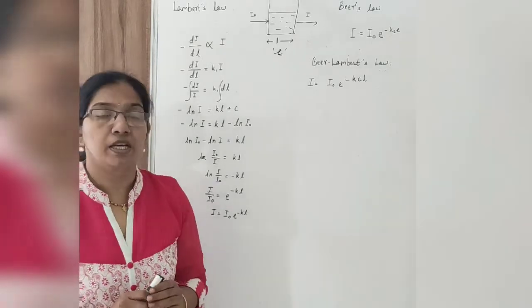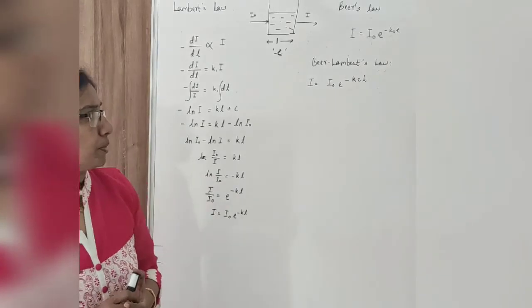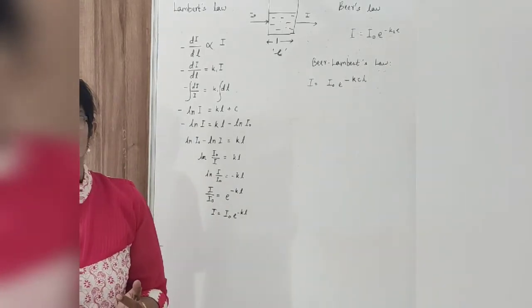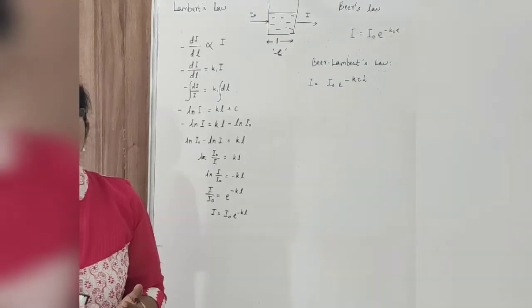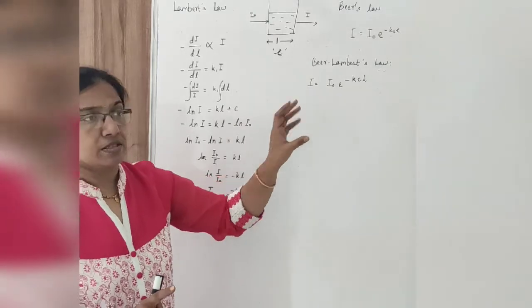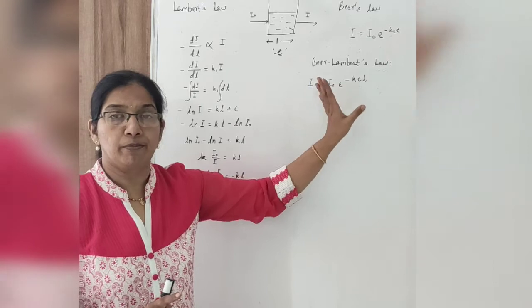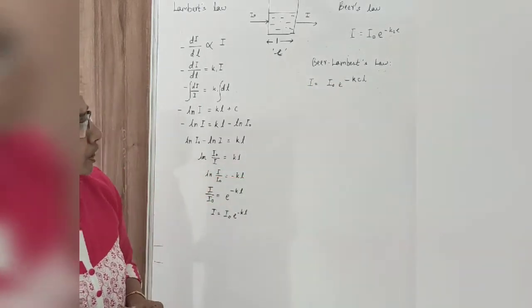Then Beer-Lambert's law is applicable to these absorbing solutions. Further, there should not be association or dissociation of solute particles. All these limitations are there, but this law is applicable very nicely for dilute solutions.